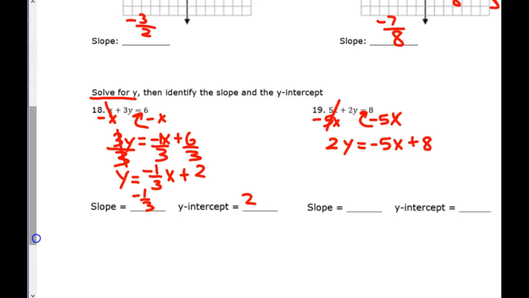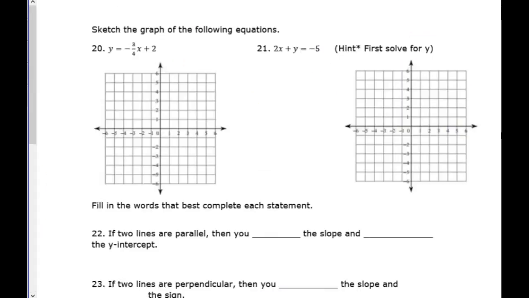And then to get rid of that 2, everything gets divided by 2. y equals negative 5 over 2x plus 8 over 2 is 4. Alright? You should be able to solve for y, especially over here, to graph.